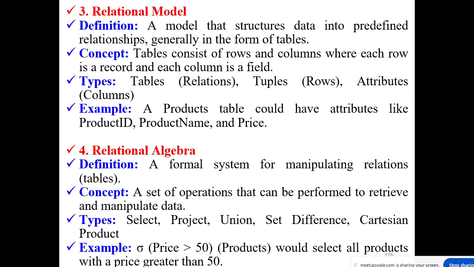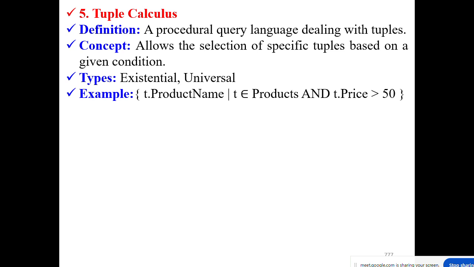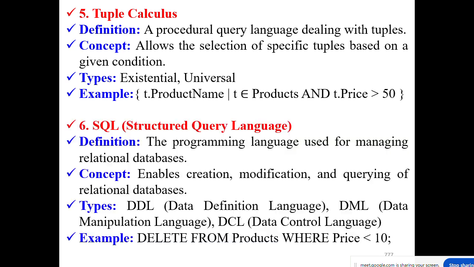Next, see the tuple calculus. A tuple is a relation record. It is a procedural query language dealing with tuples. Tuples are nothing but rows, and rows are nothing but records. It allows the selection of specific tuples based on a given condition like greater than, less than, or exactly equal to.